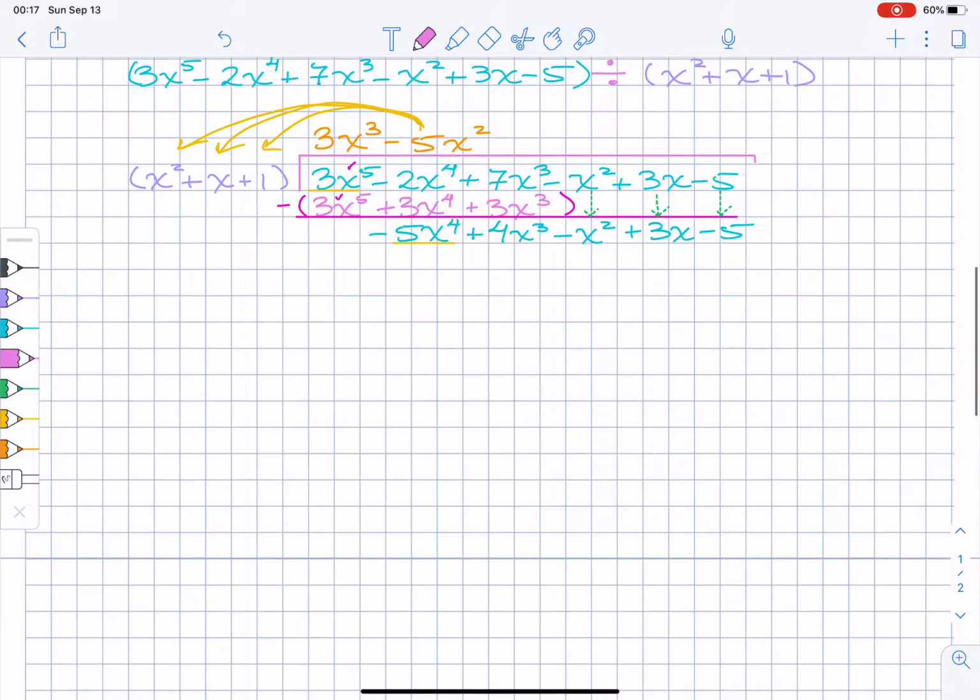So what does that give us? Negative 5x squared times x squared is negative 5x to the fourth, as it always should be the same as the first term. Then negative 5x squared times x is going to be negative 5x cubed. Then negative 5x squared times 1 is negative 5x squared. And that is what we are going to subtract from the line above.